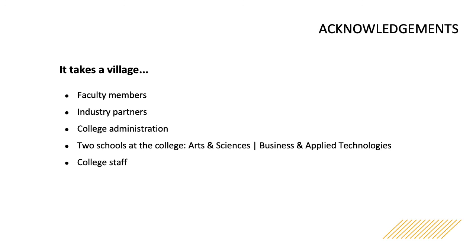The college administration had to decide that they wanted the degree and support it. And since the faculty members were from two different schools at the college, it involved both deans and collaboration and coordination between them. There was also a whole lot of other staff involved in this project, and a lot of people worked together to make it happen.